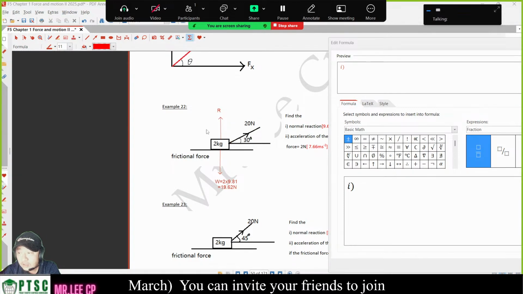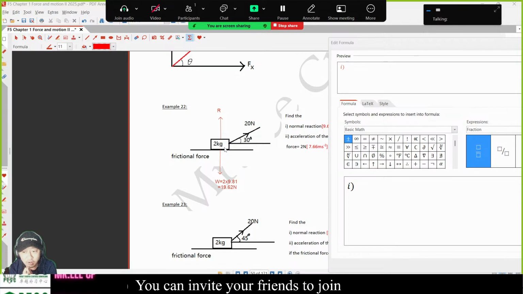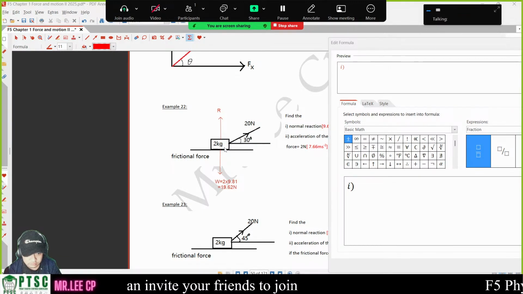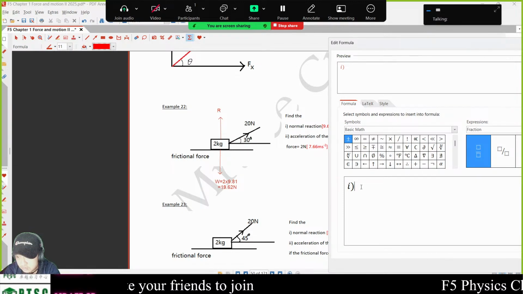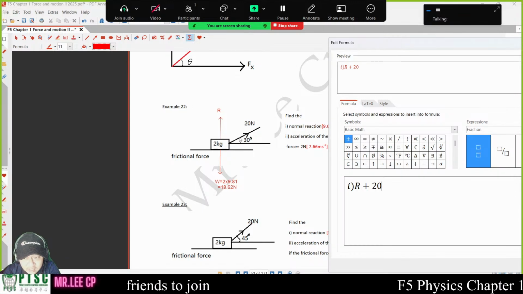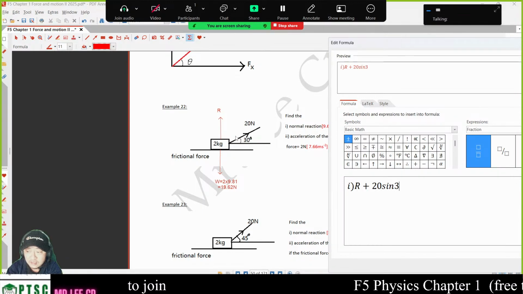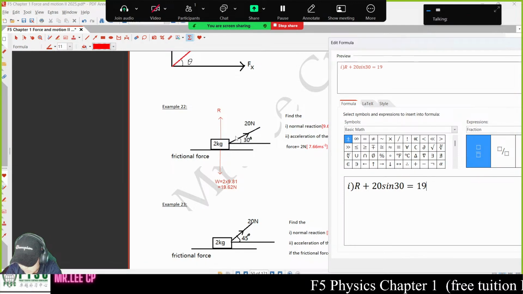Now this object is not going upward or downward. Both, right? It is not going up or down. So R plus 20, not touching, I use sine 30, is equal to the W, 19.62.